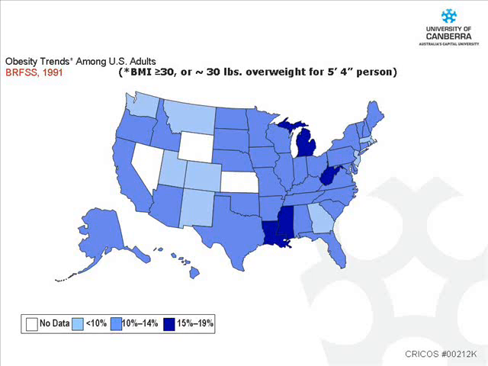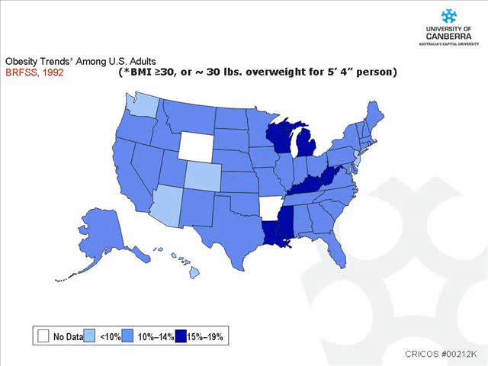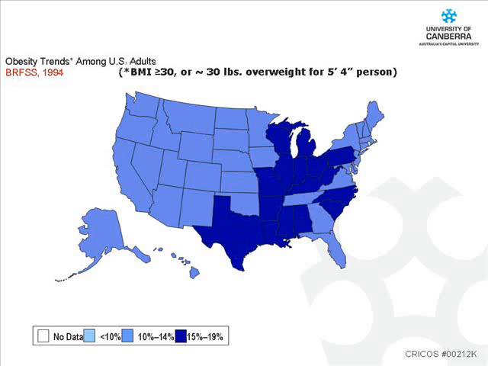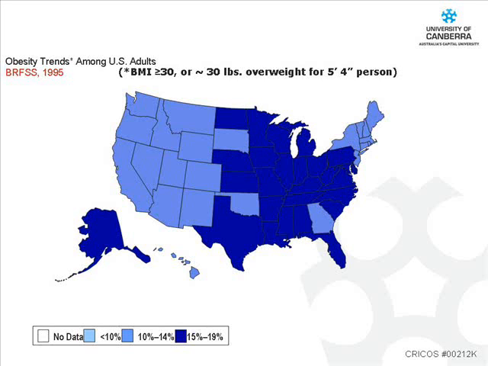So let's keep going, and all of a sudden in 1991 we have to introduce a whole new colour. Now we've got 15 to 19% of the population of those states classified as obese. And pretty much now you can see most of the United States is coloured.